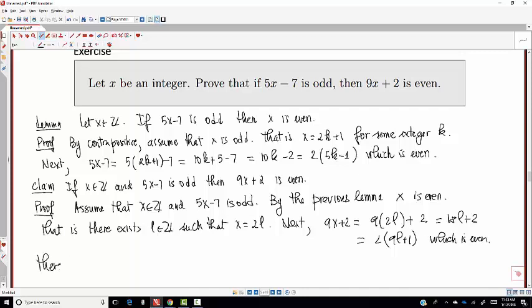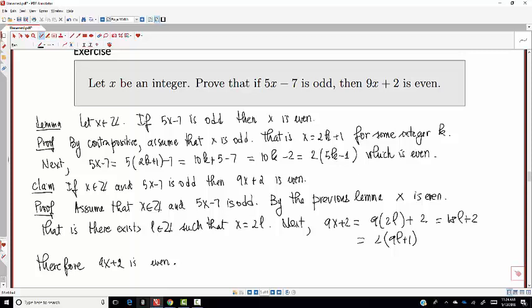So in fact, I have therefore 9x plus 2 is even. Okay, so we established the claim in 2 steps.